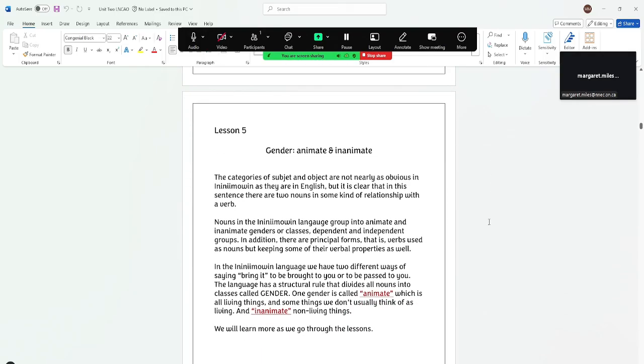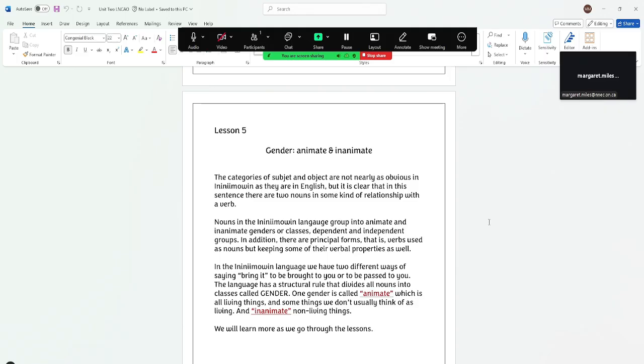In lesson 5, we will learn about gender, animate and inanimate. The categories of subject and object are not nearly as obvious in the Ininiimowin language as they are in English. But it is clear that in the sentence there are two nouns in some kind of relationship with a verb.